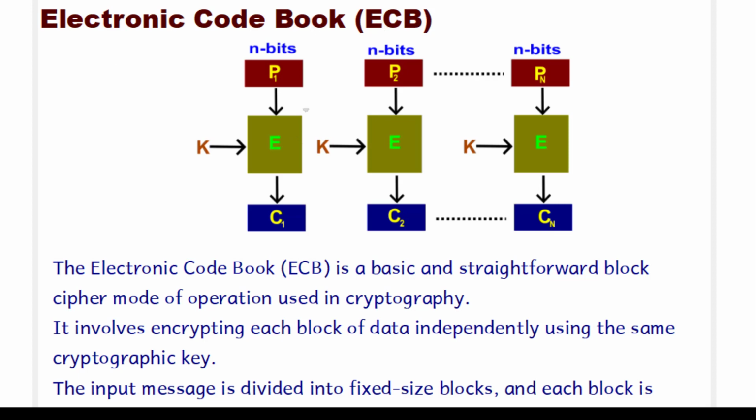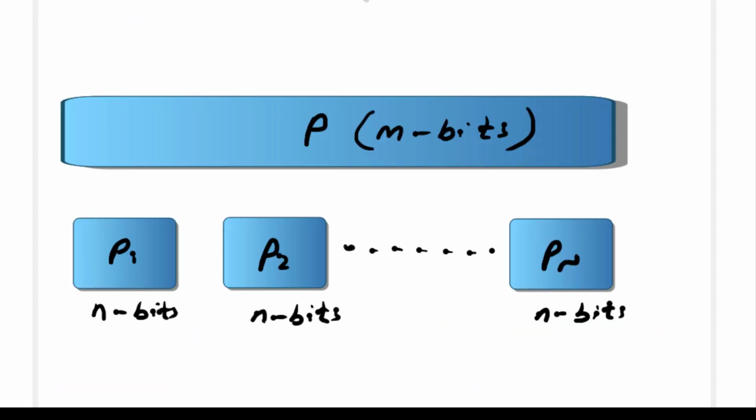Now before starting with the modes of operation, we must understand the concept. Irrespective of the mode of operation, suppose we have a plain text message of m bits. This entire message is divided into some blocks of equal length, p1, p2, up to pn.